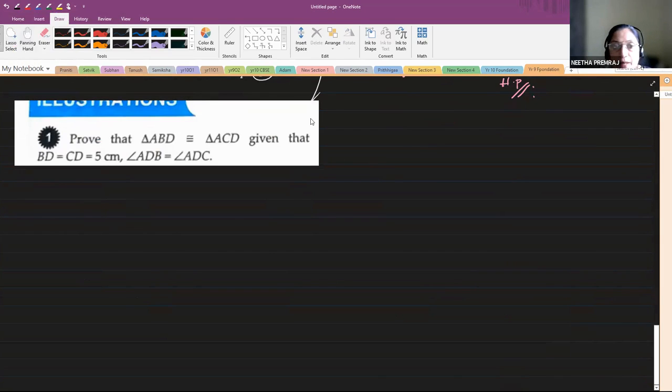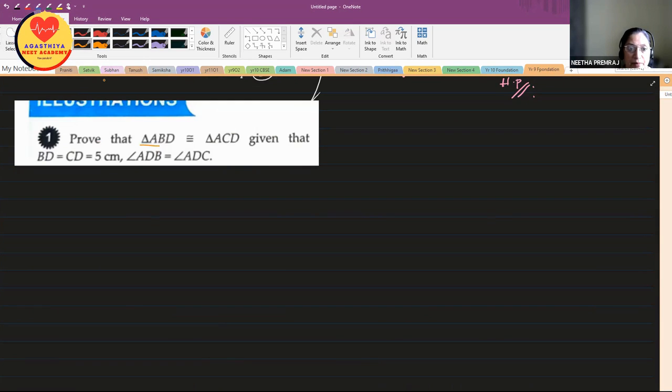Okay. So next sum is, listen, next sum what is given? Prove that triangle ABD is congruent to triangle ACD. So these are given. So first you have to draw the figure for the question. First you draw triangle ABD. But if you see ACD, AD is there, C somewhere it seems.